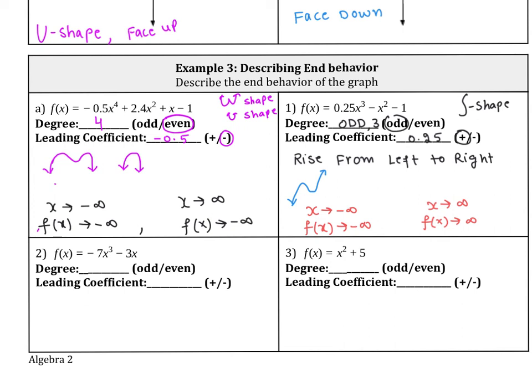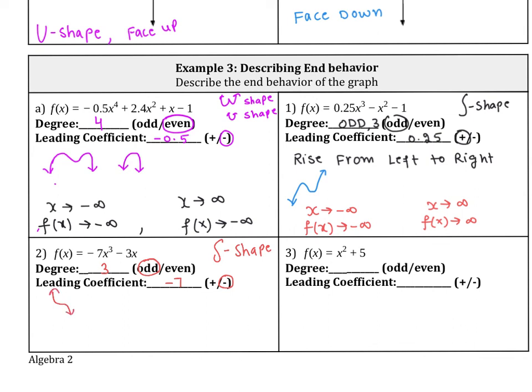Next is number 2. The degree of the function is 3 and is going to be odd. The leading coefficient is negative 7, that's negative. It's going to be an S shape that is going to fall from left to right.